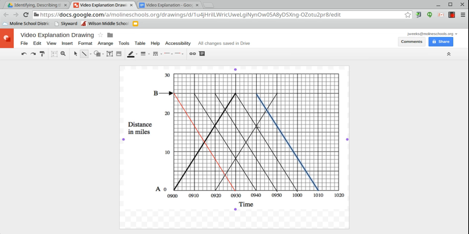And I think I am going to be able to figure out my answer. So let me change the colors of these lines so that I know they're coming from City B. These are all my City B buses. They're leaving every 10 minutes.